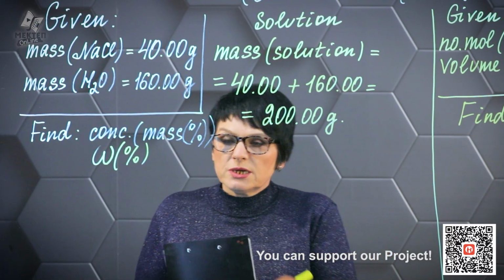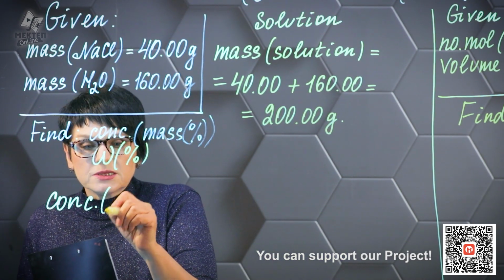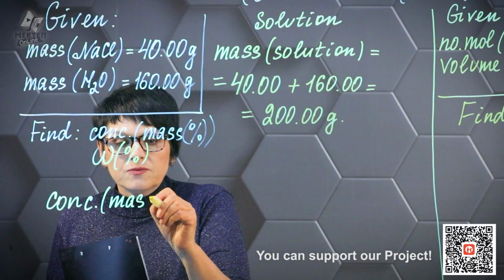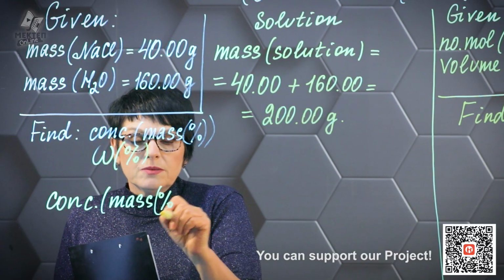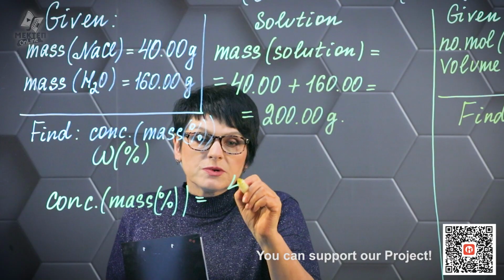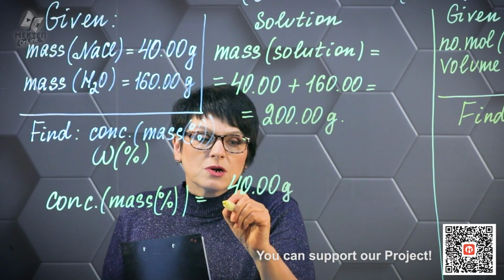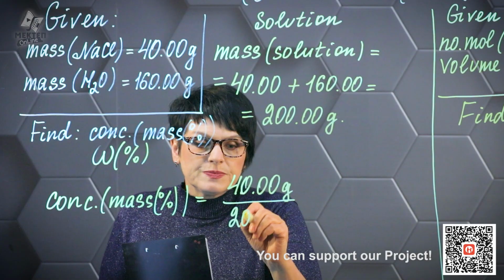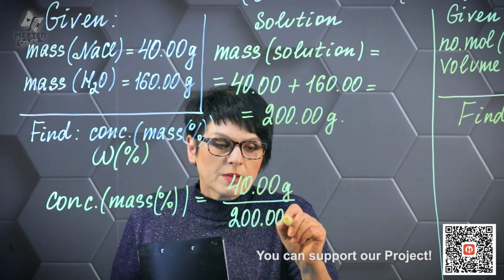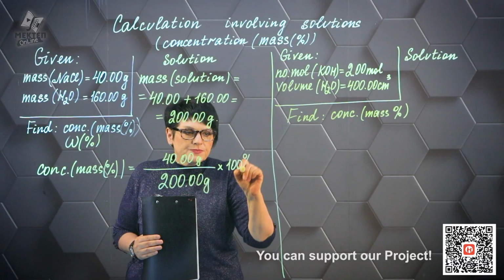Now to calculate the concentration, expressed as a percentage in mass fractions, we need to divide the mass of the dissolved substance and relate it to the mass of the solution and express this as a percentage.